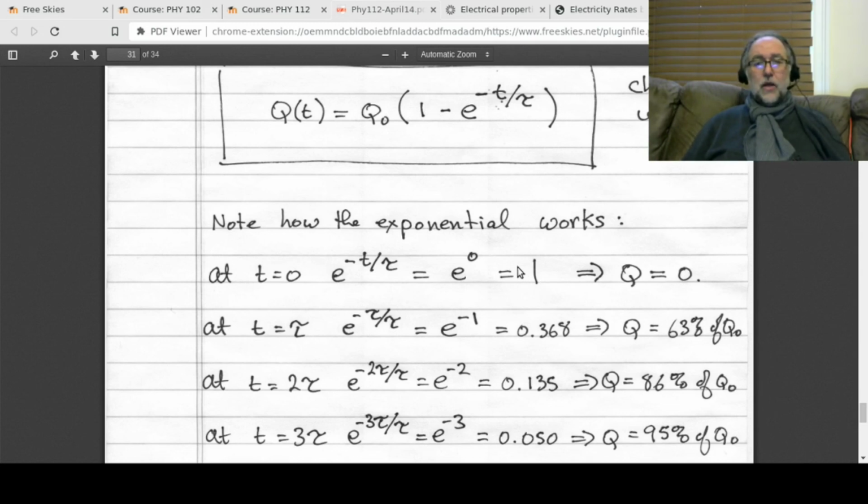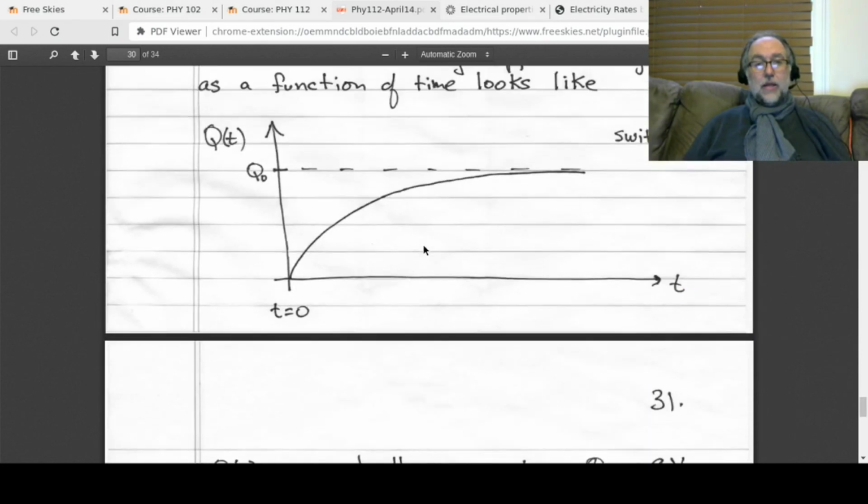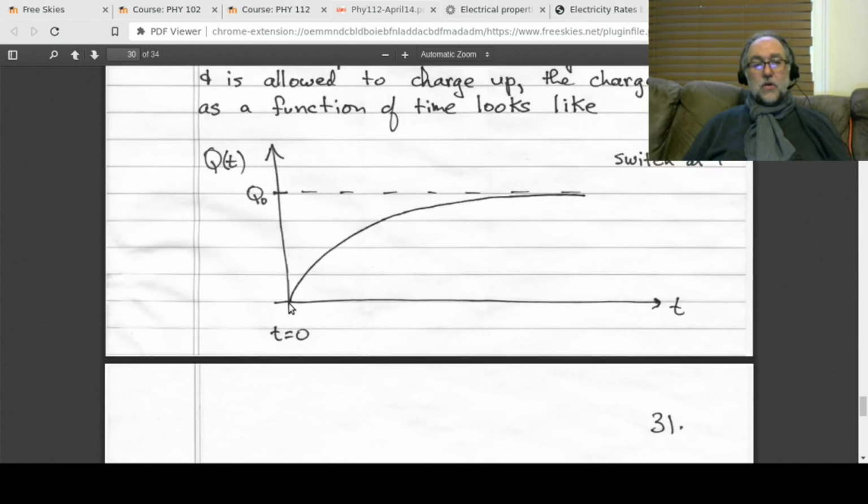Now, e to the minus 0 is 1, and 1 minus 1 is 0, so you start off at q equals 0. So at t equals 0, there's no charge on the capacitor. And that's exactly what you saw on the graph here. At t equals 0, the charge is 0. I guess I should have labeled here that that's q equals 0, but I think it's kind of obvious.